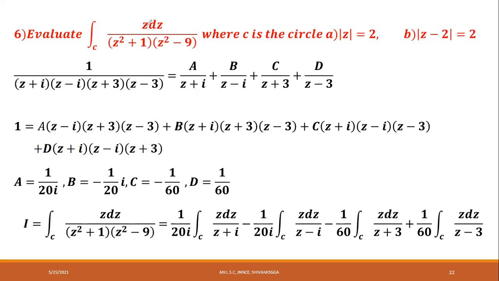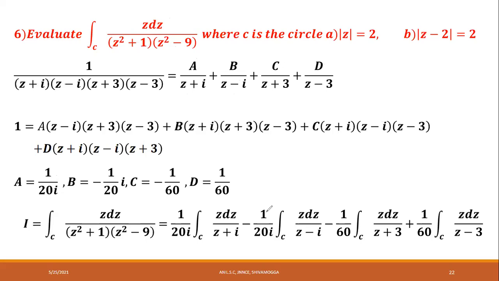The integral over C of z dz into 1 over (z square plus 1)(z square minus 9) is A divided by z plus i, where A is 1 by 20i, B divided by z minus i, where B is minus 1 by 20, plus C divided by z plus 3, where C is minus 1 by 60, plus D divided by z minus 3, where D is plus 1 by 60.